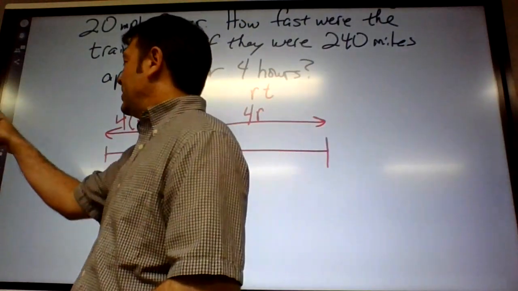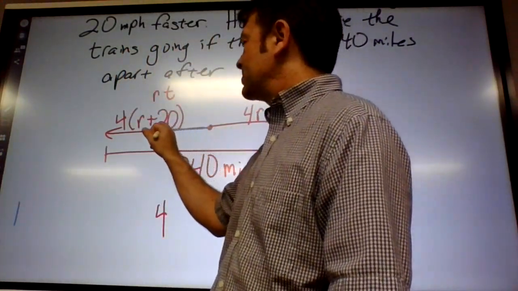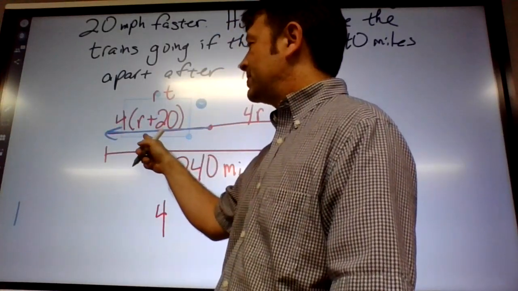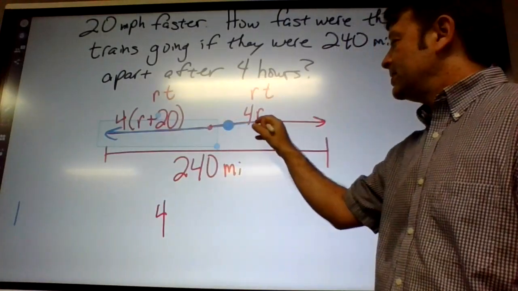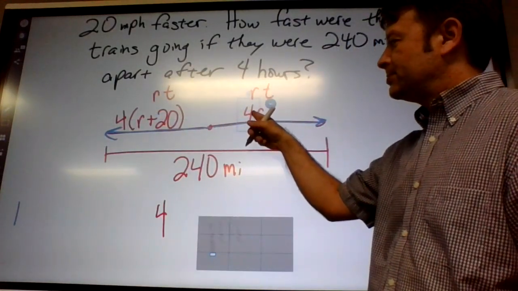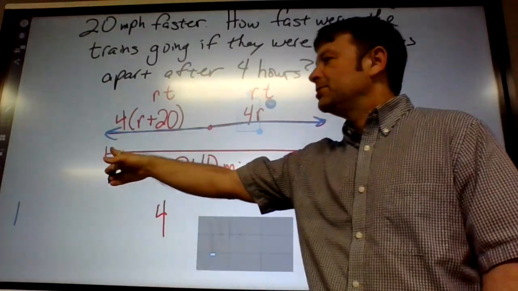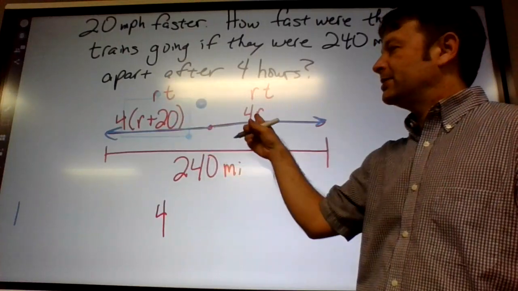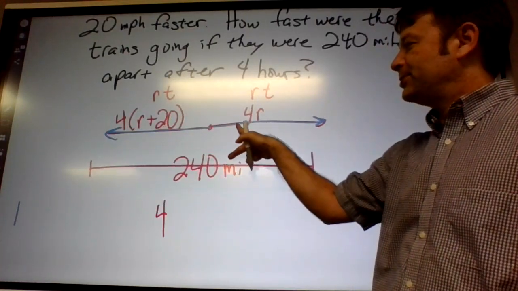Okay, guys, this visual thing, it means something. This is the westbound train's distance. This is the eastbound train's distance. The rate and their time makes their distance. This is the total distance. So how are these related? See, these two are the same as this.